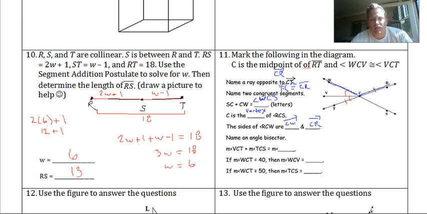The next one says name an angle bisector. So remember, it told me that these two angles were the same, which means that bisect means it cuts it in half. So an angle bisector would be CV, and that would be a ray that we have right here.